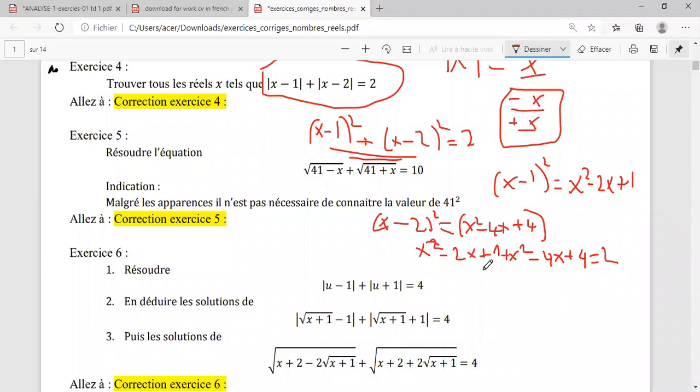Okay, so we have 1 plus 4, we're going to have 5. So we take the 5 that side, we're going to have 2 minus 5. So we're going to have 2x squared minus 6x, 1 plus 4 is 5, 2 minus 5, so we are going to have plus 3, which is equal to 0.